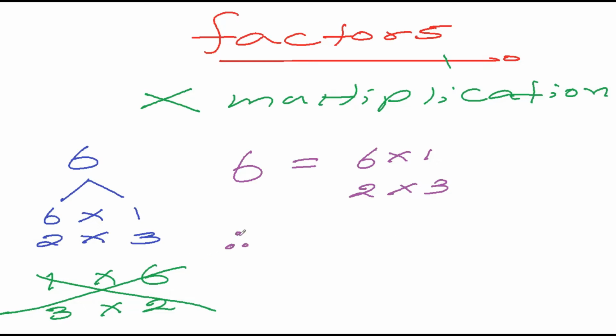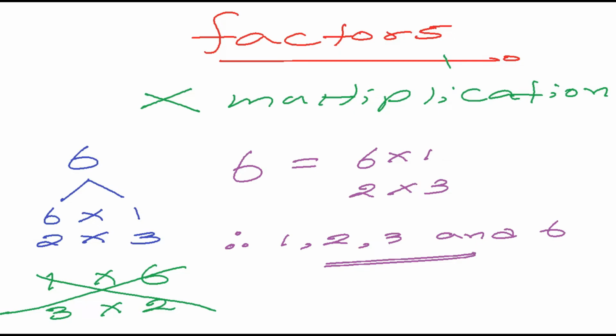Therefore, I can write that 1, 2, 3 and 6 are the factors of number 6. That's it. Factorizing is that simple.